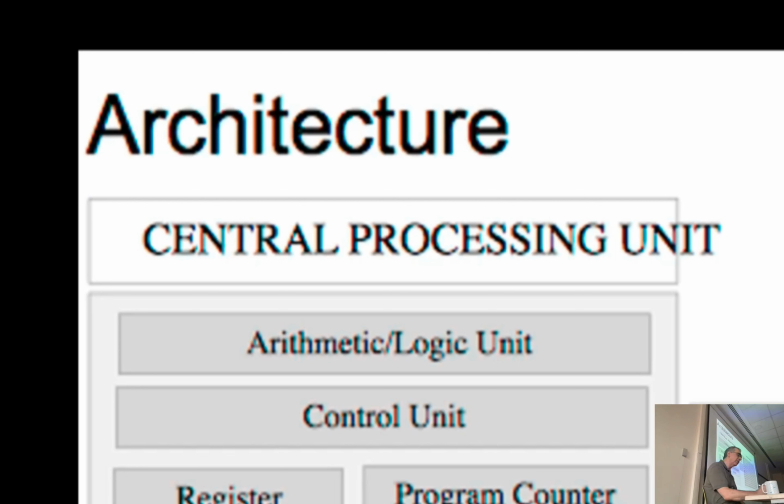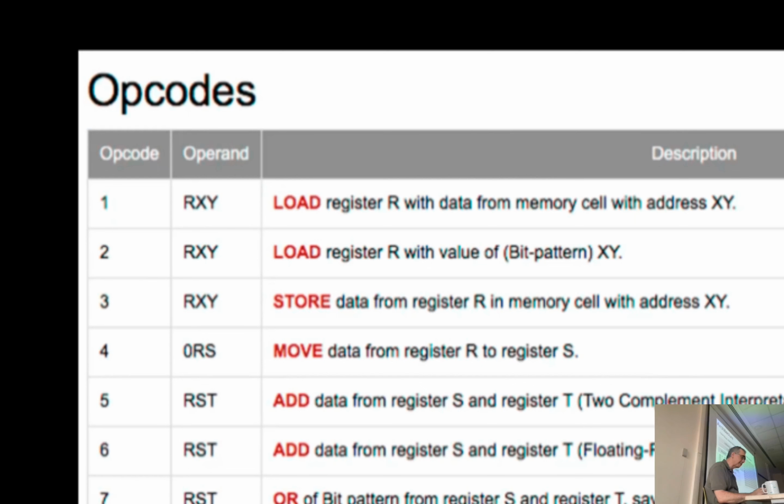You write your program here and execute. You write your program in binary numbers, in hexadecimal numbers, and it is possible to execute it. These are the instructions, commands that the machine can understand. It is like load. But if you have a question, please ask. Load, store, move, add. We don't have subtract.